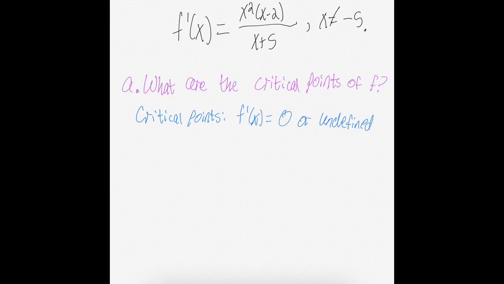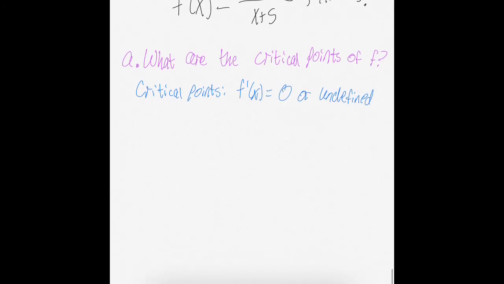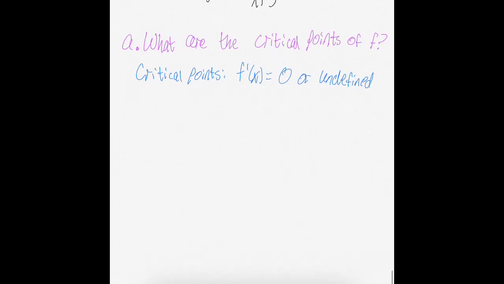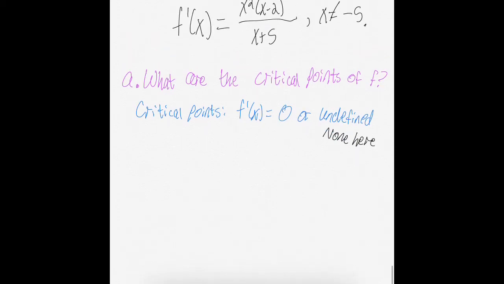In this case, the only place where it might be undefined would be x equals negative 5, because that's where we would be dividing by 0. However, they have very graciously excluded that from our domain, so we don't have to worry about it. So, undefined, there are none here.